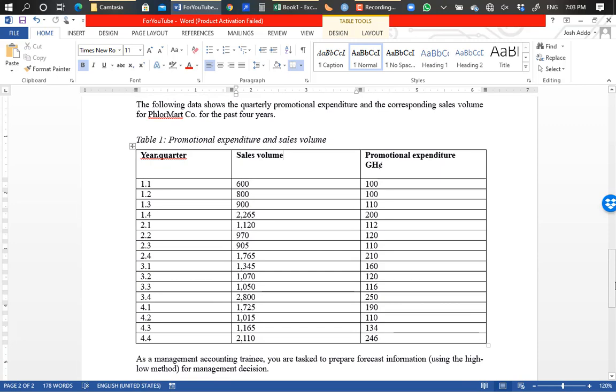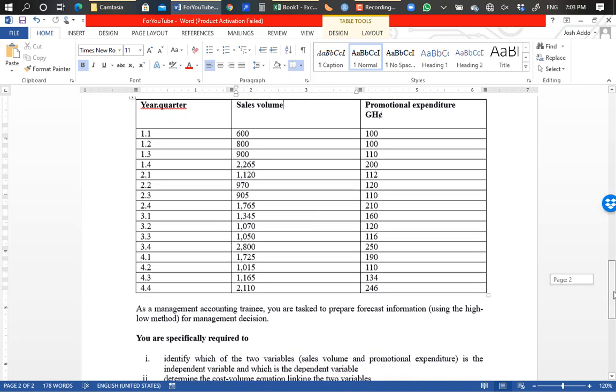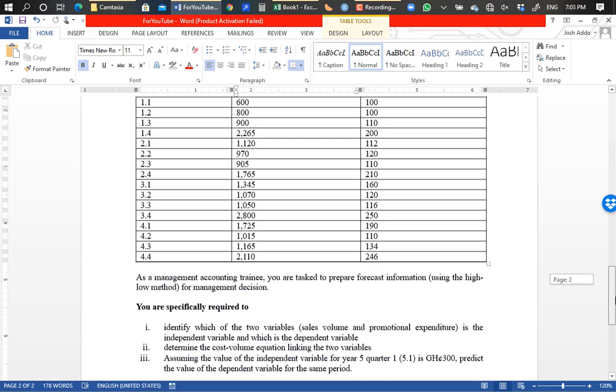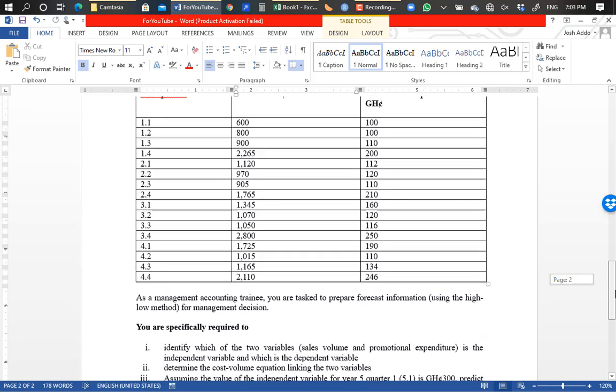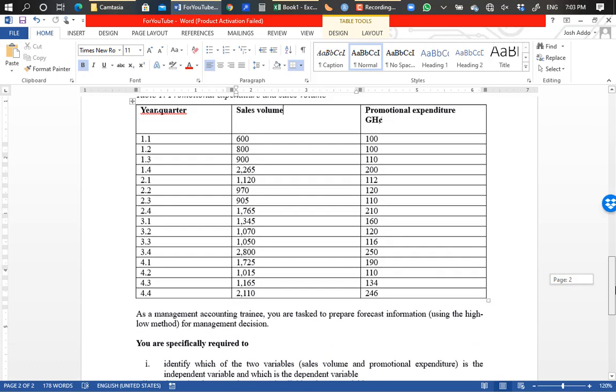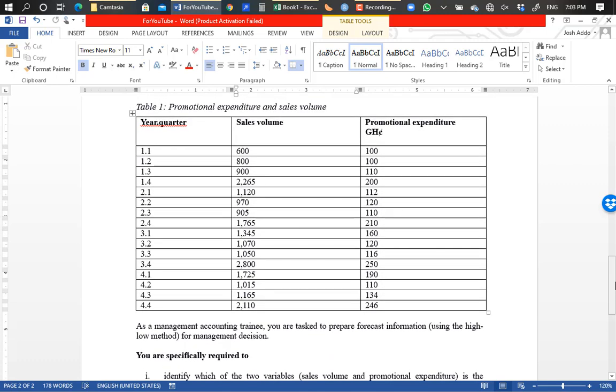First of all, we are supposed to identify which of the two variables is the dependent variable and which is the independent variable. And from discussions we've held so far, I think that should be easier to do. We established the criteria for identifying which of the two variables is the dependent variable and which is the independent variable.